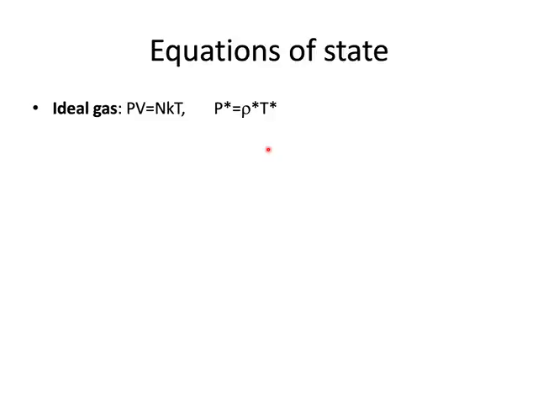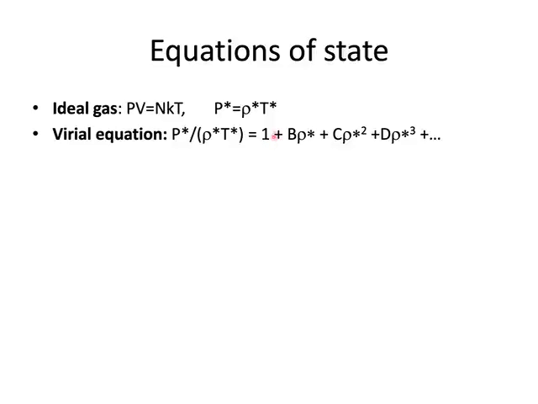But we'd like an equation of state that can go to higher densities, and then the equation of state can be expanded. So if we divide pressure by rho T, then the ideal equation of state has 1, and we can expand it in powers of the density.